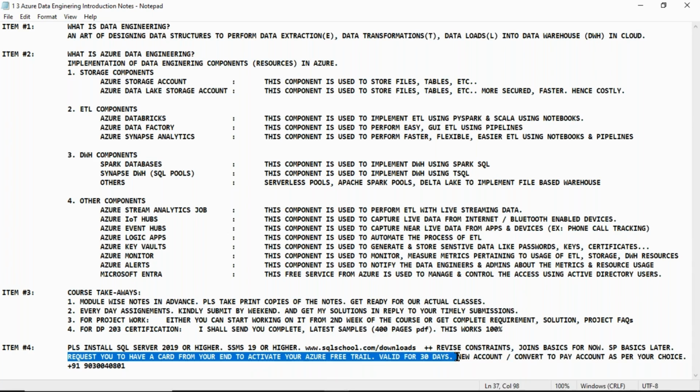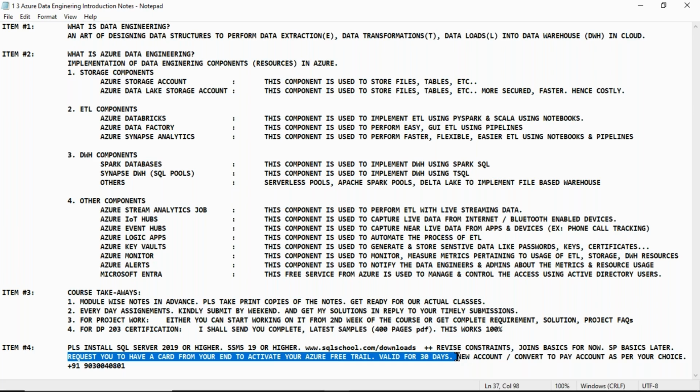After 30 days, there is no other option. We need another card again. So plan for one card for now. Credit card, debit card, anything is fine. And you can have another card in the next month.